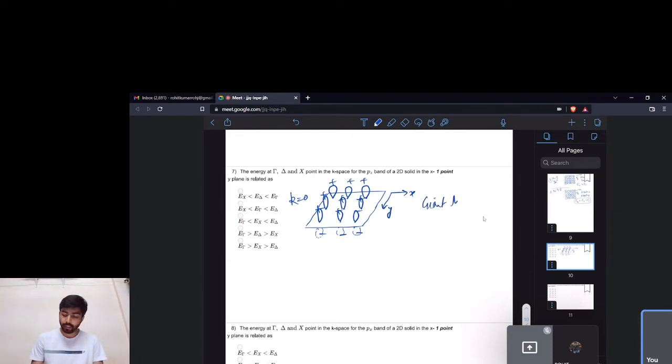So again a giant molecular orbital, a bonding interaction at the gamma configuration.